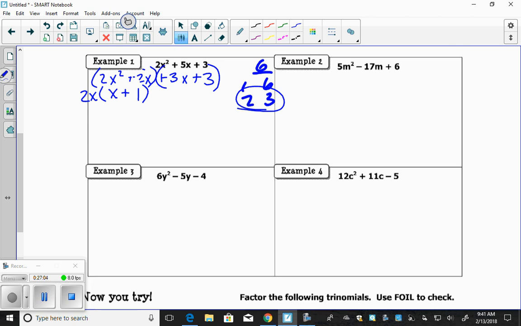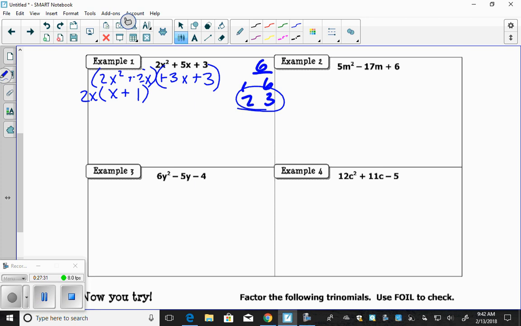Anything divided by itself is what? 1. Not 1x, not 1n, not 1p. It is just 1. I repeated it yesterday, I'm repeating it today. If you don't learn anything today, I want you to learn that. Anything divided by itself is 1.